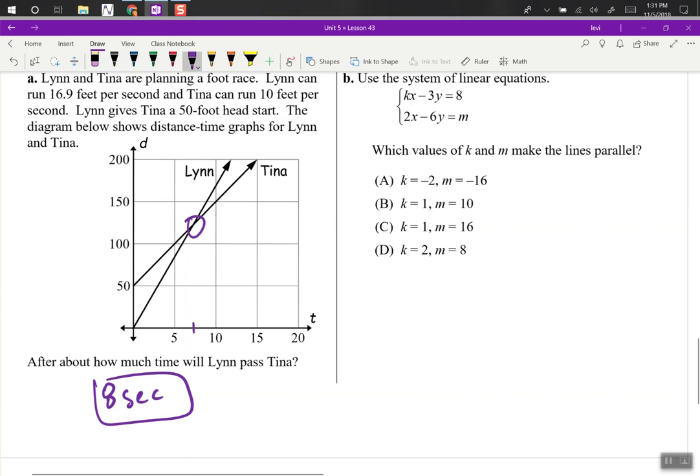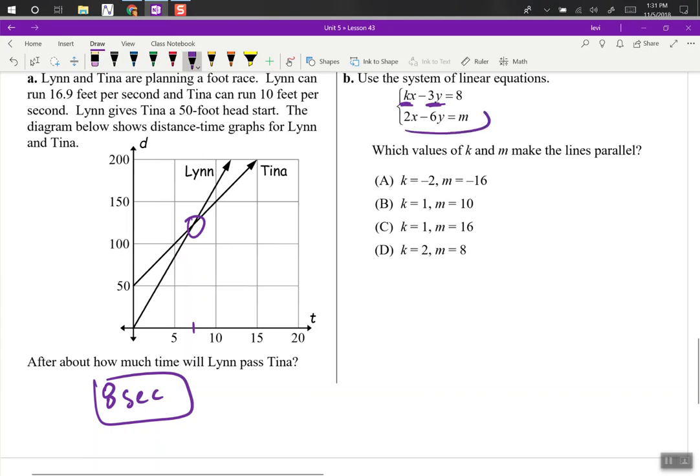If we looked at this, parallel lines are going to have the same slope and different y-intercepts. So we want the same k value, right? But if we were to solve this, we notice here that we're multiplying by -3 and we're multiplying by -6, right?